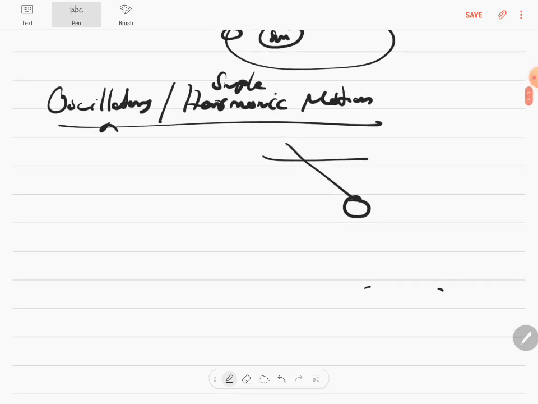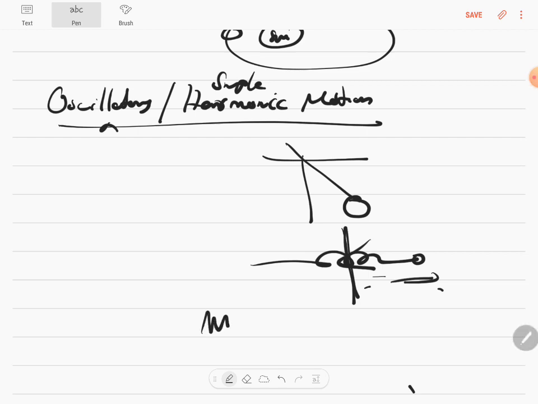A bob, the mass of the bob suspended by means of a spring, or even a normal spring, when you pull it to the right, it will experience a restoring force. It tends to oscillate to and fro about the mean position. The vibration of a string in a guitar, it vibrates to and fro about the mean position. So these are examples of simple harmonic or oscillatory motion.